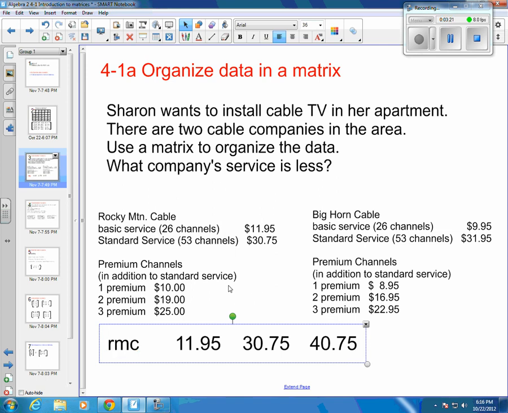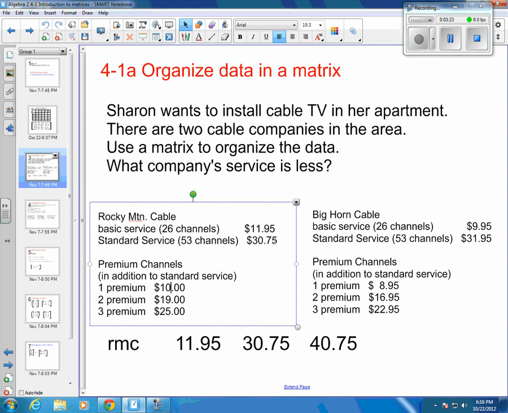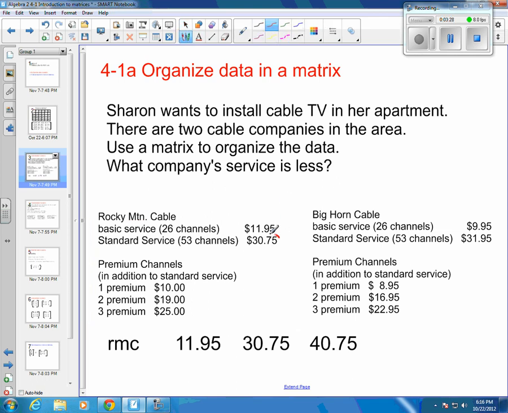Right? If I take this $30.75, oops, let me grab a pen here. This $30.75, and I add this $10, I end up with $40.75, and that's how I got this number right there. Then I'm going to add this $19 onto the $30.75, so 30 plus 19 is going to be $49.75.